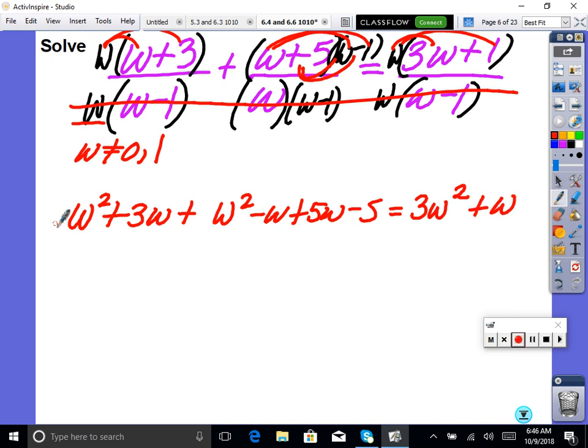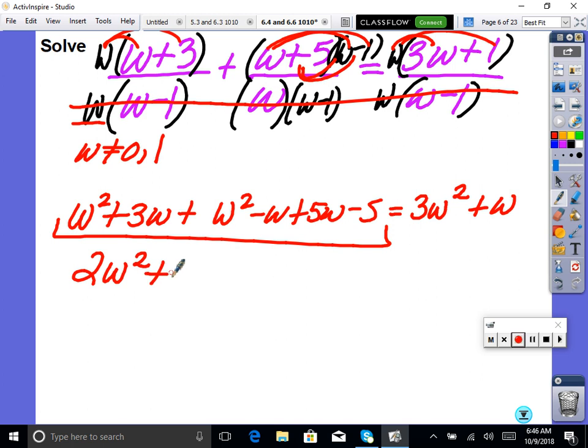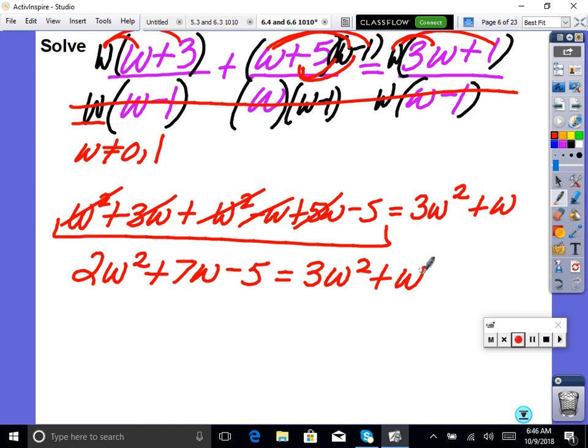So combine like terms on this side to make it prettier. w squared and w squared would be 2w squared, and then 2w plus 5w, so plus 7w minus 5 is equal to 3w squared plus w. Now look, you have a quadratic equation.